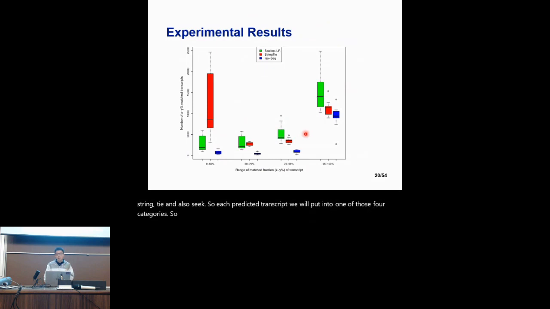If your predicted one matches an annotated one with identity of 95% or above, that predicted transcript will be put in this highly accurate category, and so on for 75 to 95%, 50 to 75%, and below 50%. As you can see, Scallop-LR can predict many more highly confident transcripts than the other two tools.